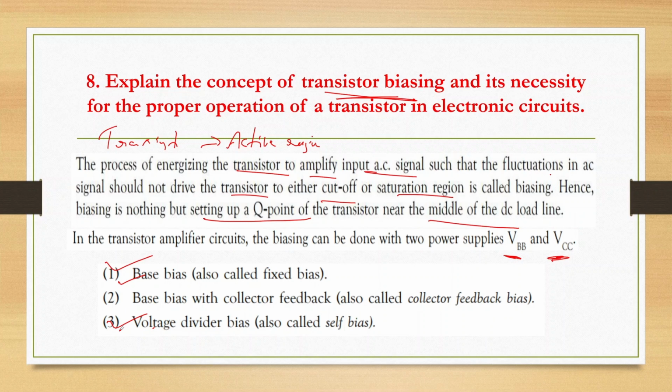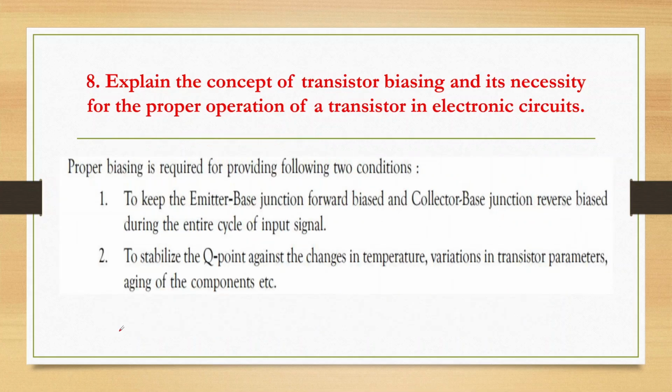Now you understood what transistor biasing is and what the different biasing circuits are. Now why is this biasing necessary for proper operation of the transistor? There are two main reasons. First, to keep the base emitter junction forward biased and the collector base junction reverse biased.